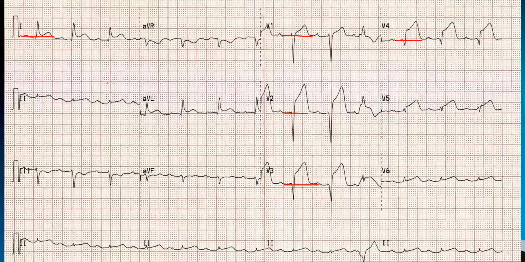Lead 1, lead AVL, sorry. So anterolateral MI already, and leads 2, 3, AVF are fine. So this patient obviously having ST elevation in V1 to V4, including lead 1 and AVL. So anterolateral MI again. If you don't want to say the type of MI in the exam, or you are not sure, you can always say ST segment elevated anterior MI or ST segment elevated MI. As long as you are saying ST segment elevated myocardial infarction, you are good.